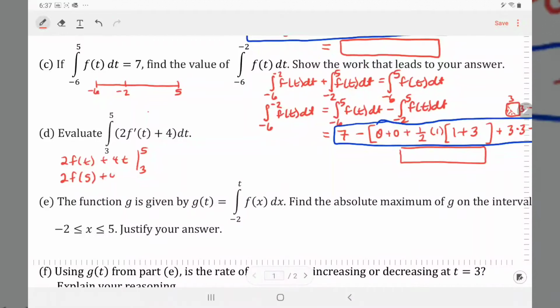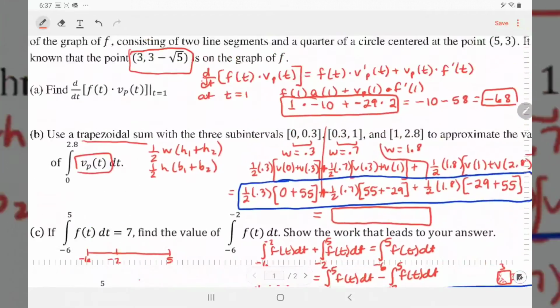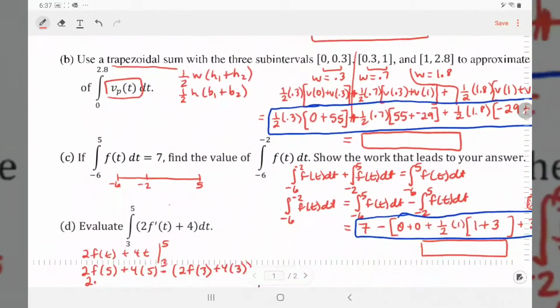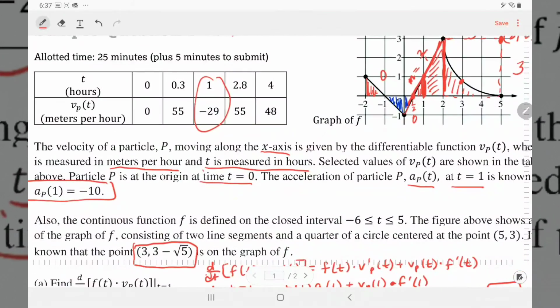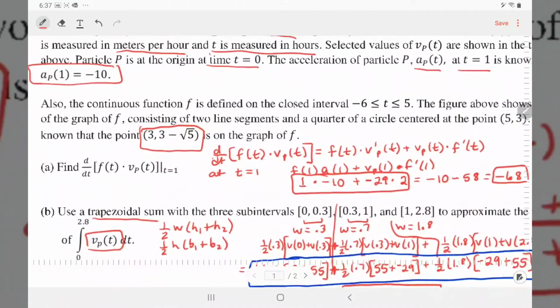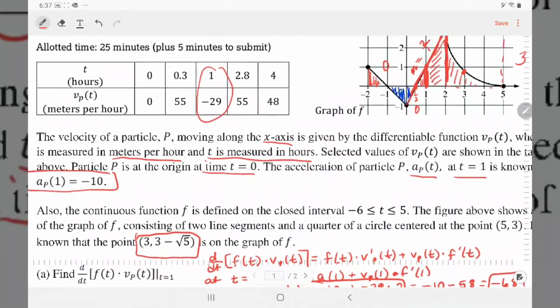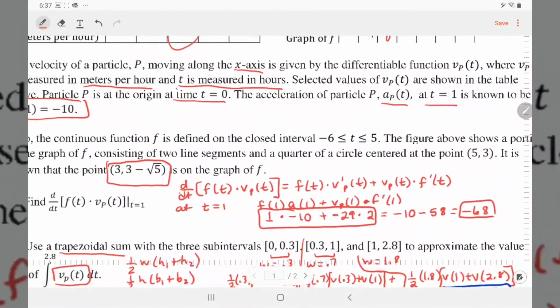Okay, so that'd be 2 times f of 5. F of 5 means the y value at 5, which is 0, plus 20 minus parentheses 2 times f of 3. F of 3 is, oh, that's that value they gave me, which was what? 3 minus radical 5. Okay, so this is 2 times 3 minus radical 5 plus 12.